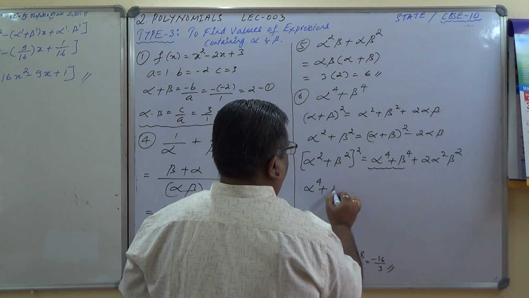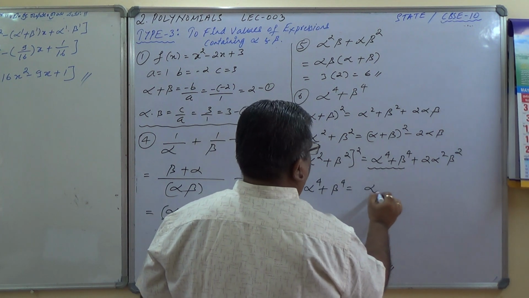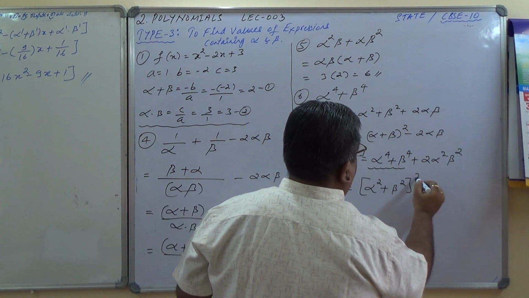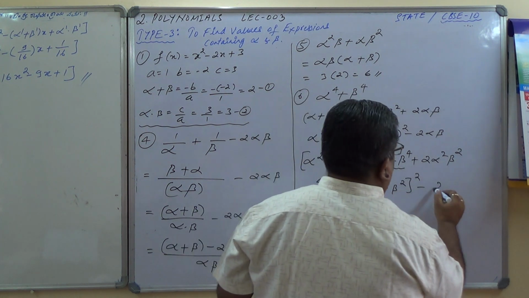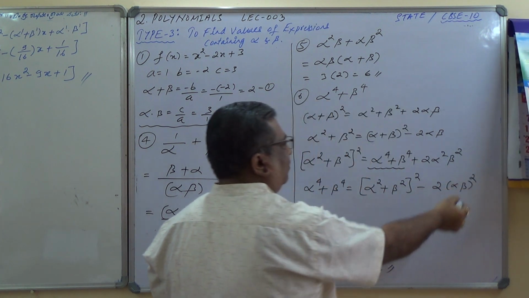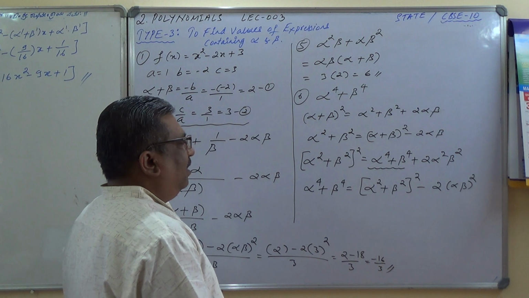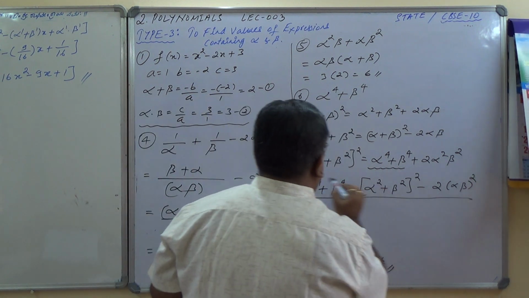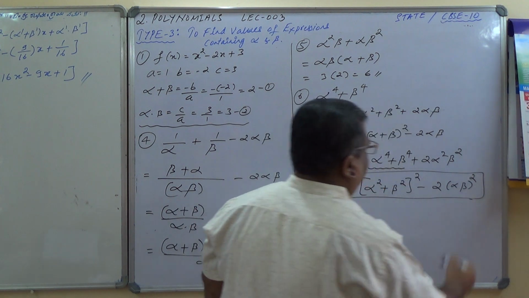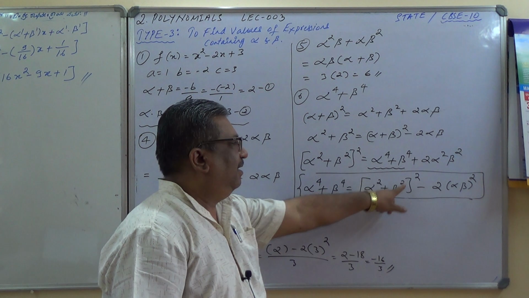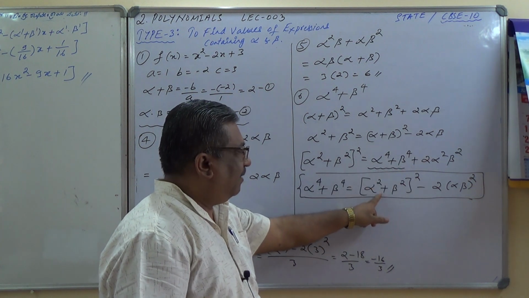Alpha to the power 4 plus beta to the power 4 equals alpha square plus beta square, the whole bracket square, minus 2 alpha beta, the whole square. Alpha square into beta square is this one. So finally I have ended up with this expression.